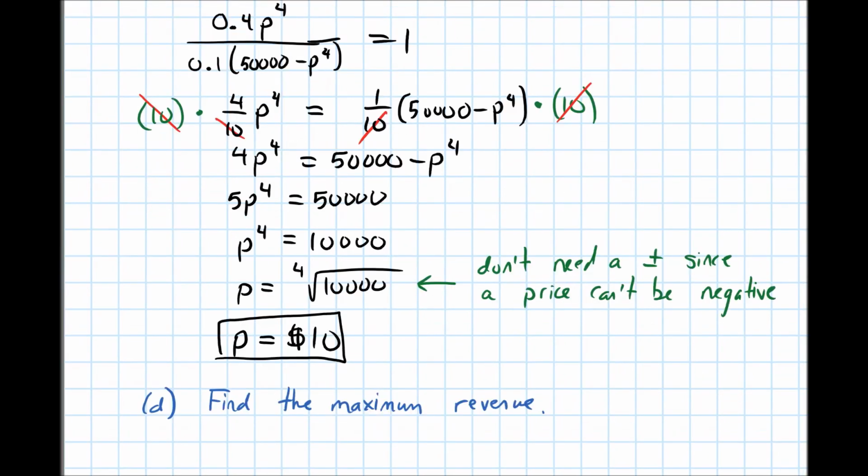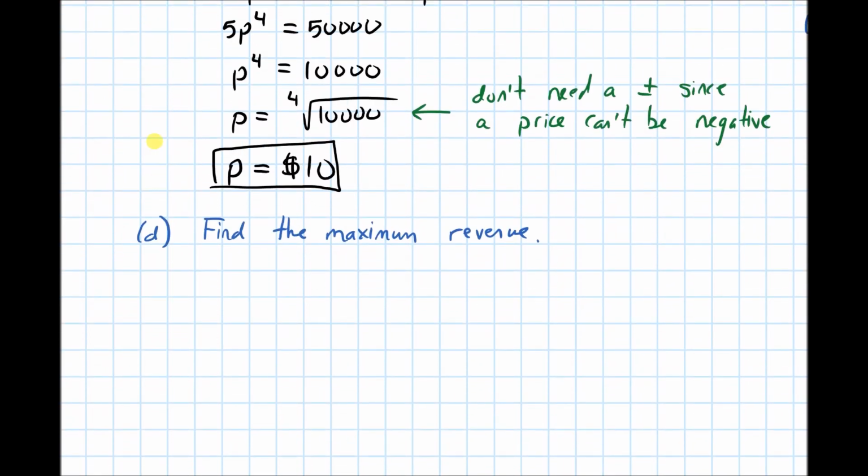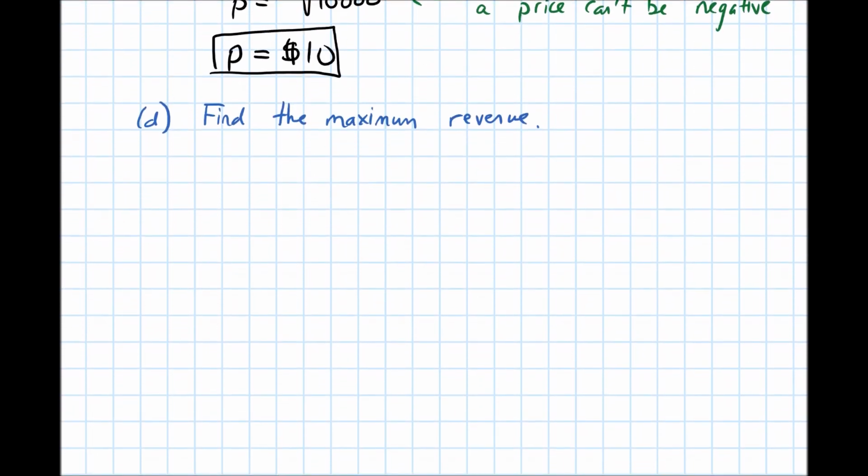Okay, so one of the ways that we've dealt with finding maxes and mins before was to use a number line. So there's a key observation that I want to make here. I am going to use a number line, and the point I'm going to put on the number line is the value that made elasticity unitary.